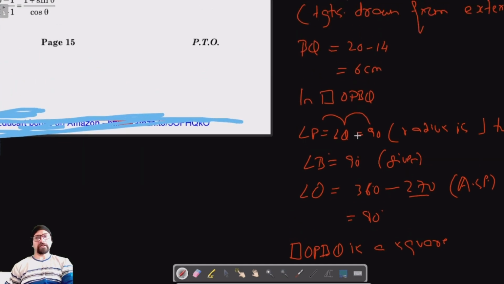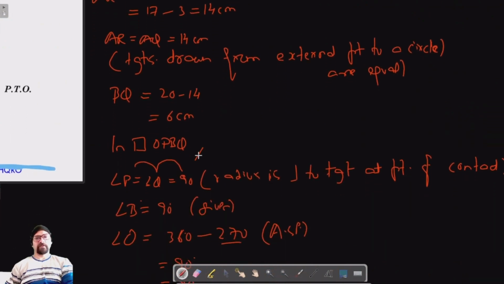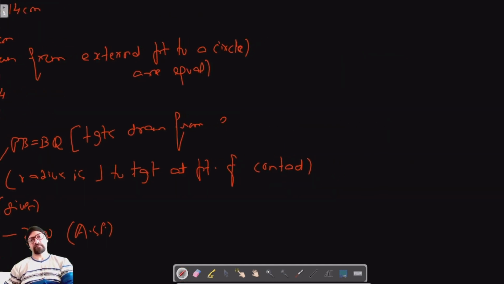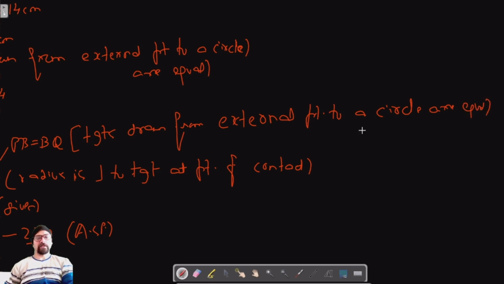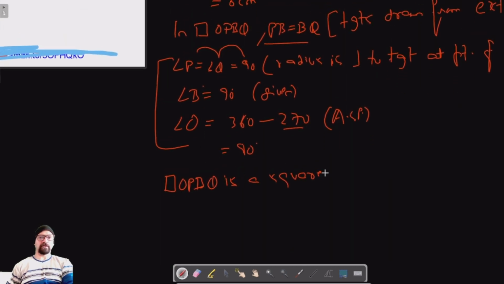You can also write that in quadrilateral OPBQ we have PB equal to BQ, because these are tangents drawn from an external point to a circle. Same reason: tangents drawn from an external point to a circle are equal. Now in this quadrilateral, adjacent sides are equal and all the angles are 90 degrees, so this is a square.